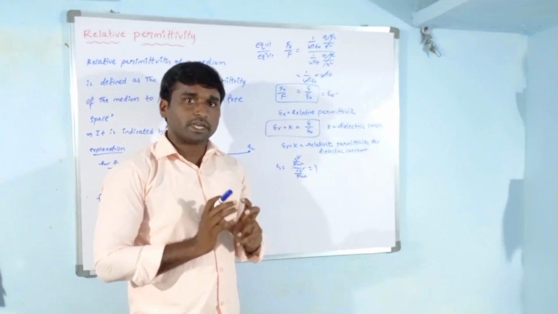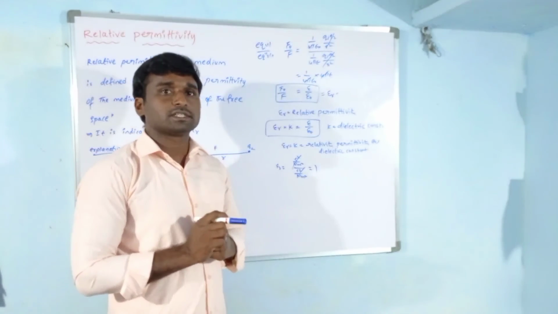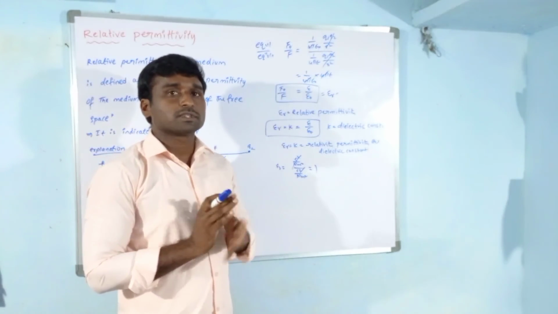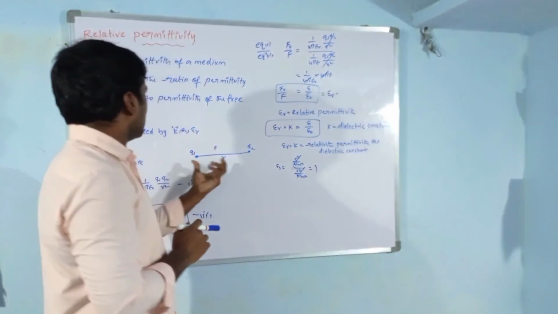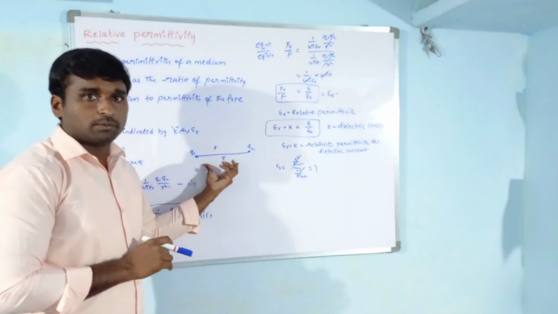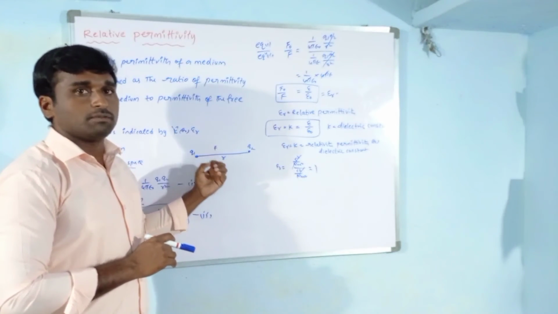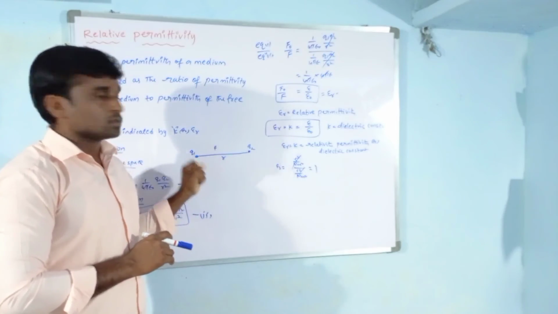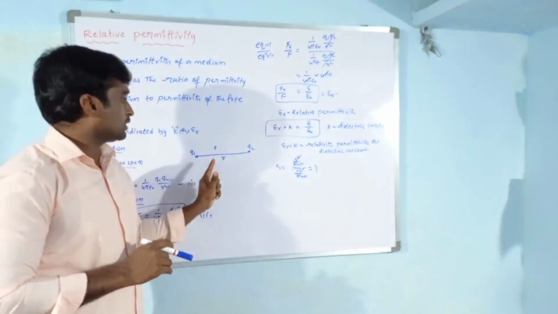When do we get maximum force and when do we get minimum force? When we take two charges in vacuum, in free space, we get the maximum force between the two charges.